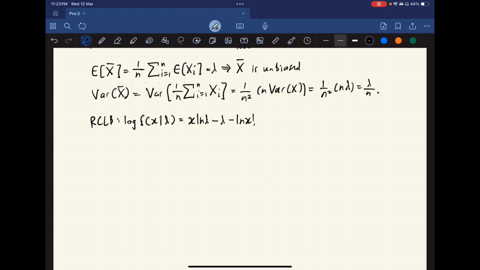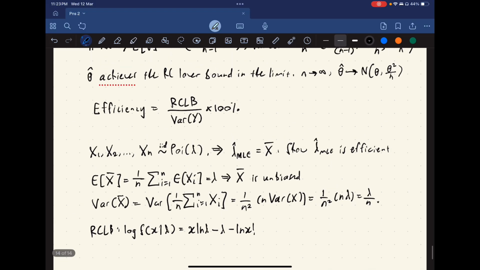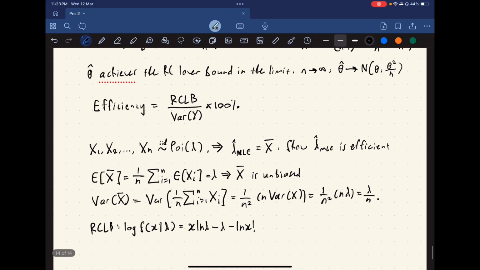In case you want to recall, the PMF of a Poisson random variable is this, where x is 0 and also natural numbers, and your lambda is greater than 0.